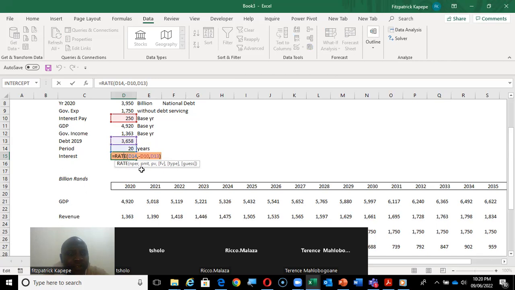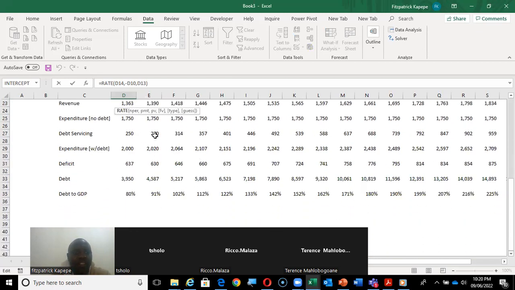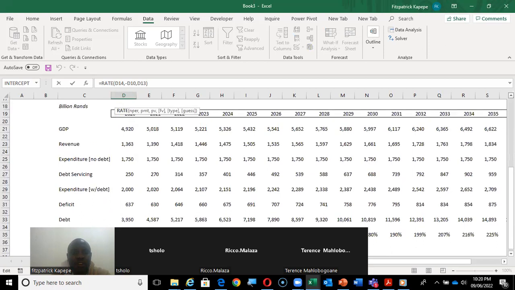Where did he get the 270? Debt repayment 2021, he said 270. I think maybe that's where the mistake came from, because the debt repayment is not 270. It's actually 250. So I think he made a mistake.